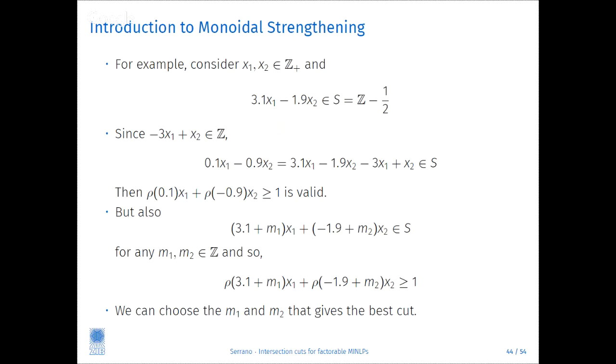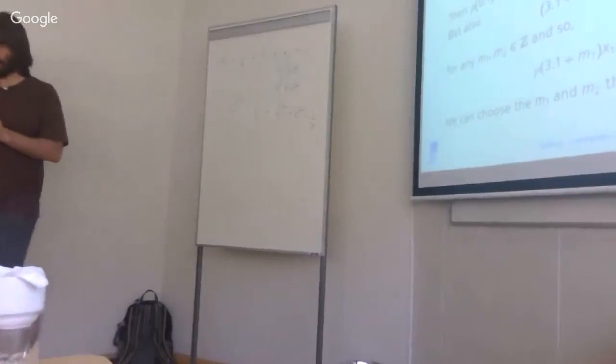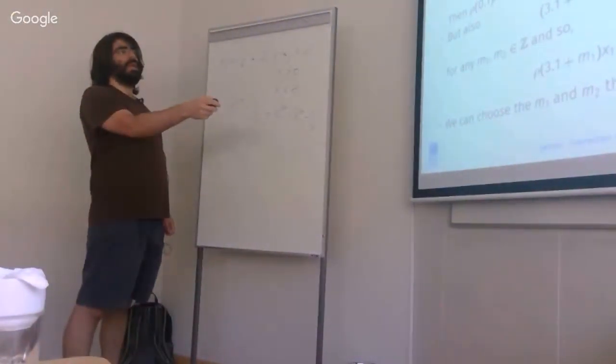Then we know that this number here is integer. So this new expression, we can write as the old expression plus this term. And this term is also going to belong to the set, because this is integer, and Z minus a half plus Z is the same set, Z minus a half, right? But now what we did is we changed the coefficients here.